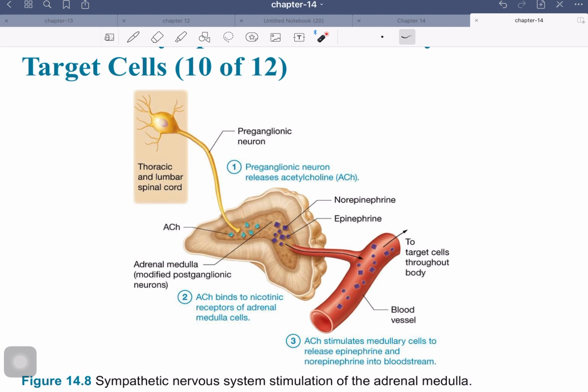And as a result of that, norepinephrine and epinephrine are then released, and because of the vascularization, the big capillary beds, these chemicals are picked up by the bloodstream, and they then functionally become hormones. So it's a really unique situation where the nervous system and the endocrine system meet and work together.